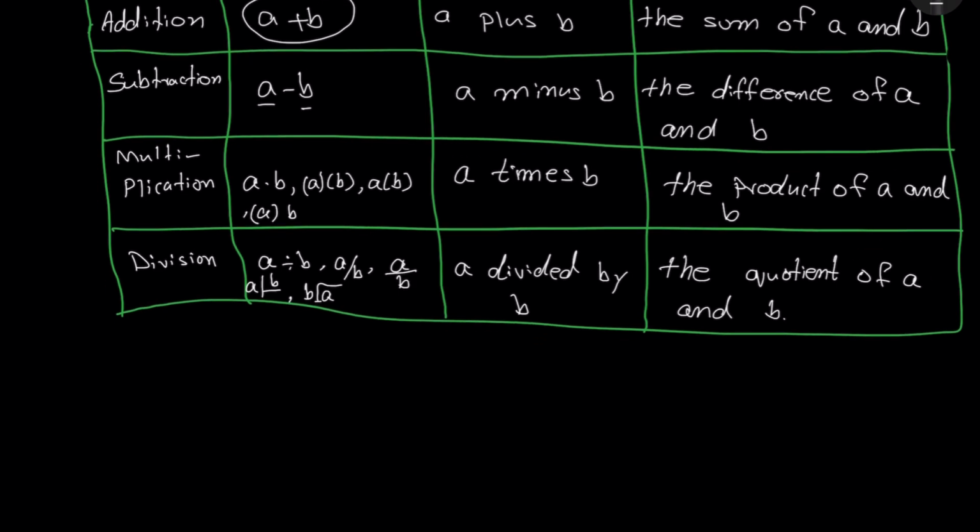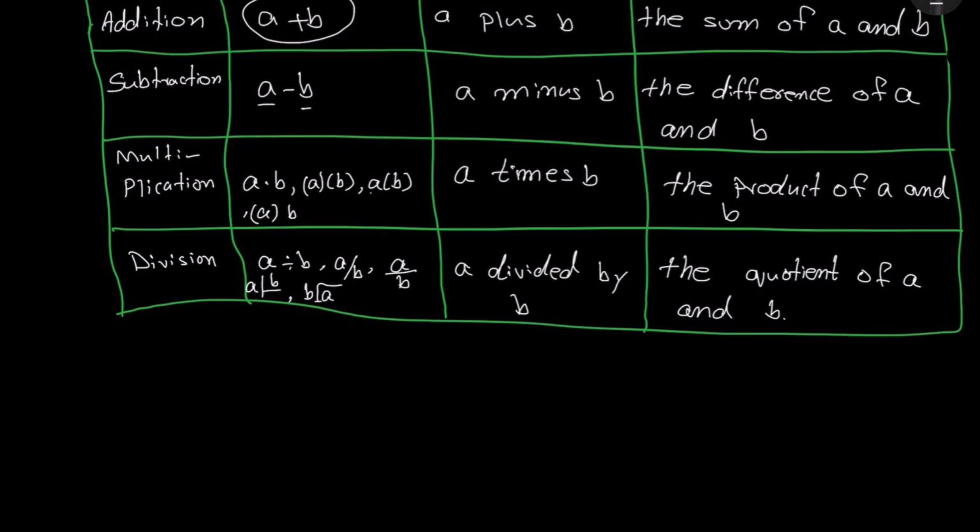Moving to multiplication, we have A multiply B, or parentheses A, parentheses B side by side. If there is no comma or other sign in there, that means multiplication.